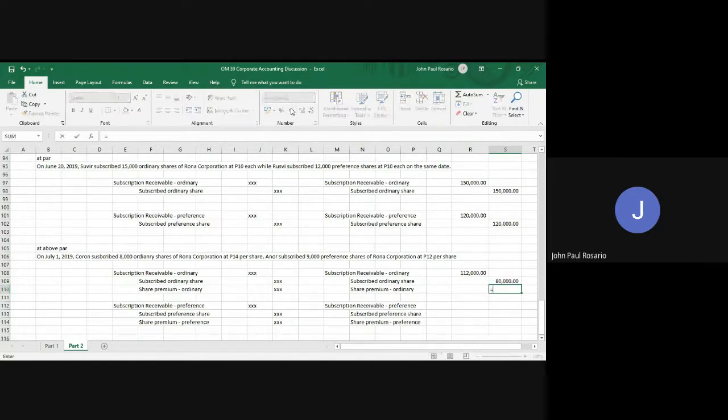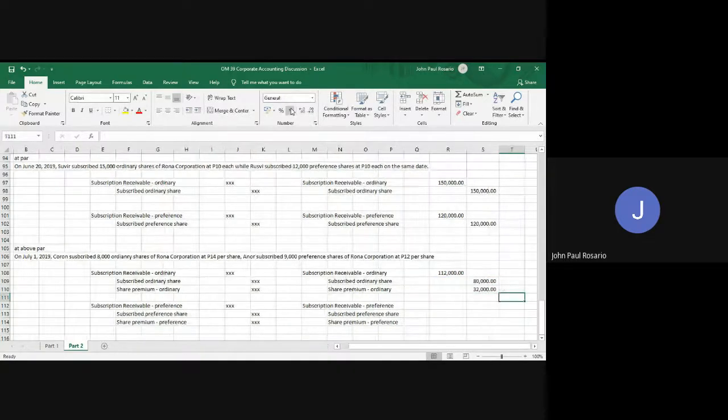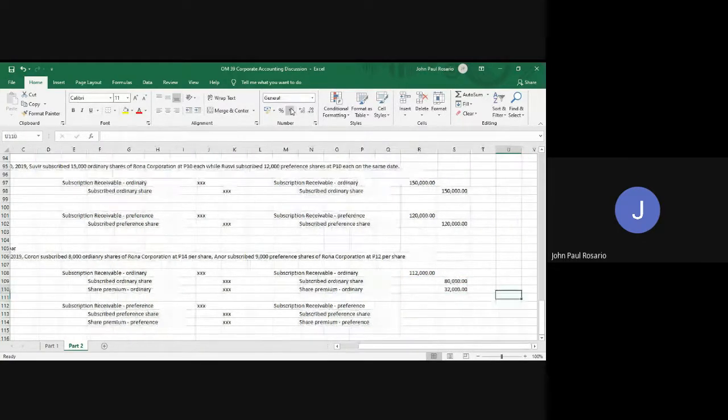The excess is your share premium, 32,000. Or you can solve it by multiplying the number of shares purchased by the purchase price minus par value, 14 minus 10, so we still get 32,000.